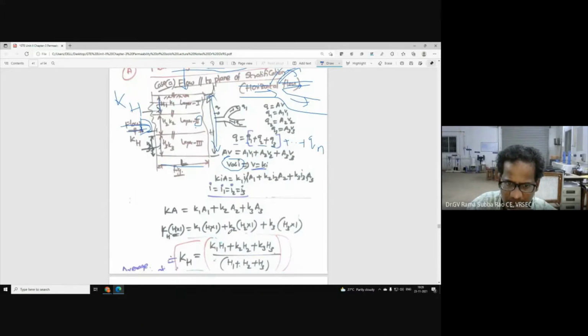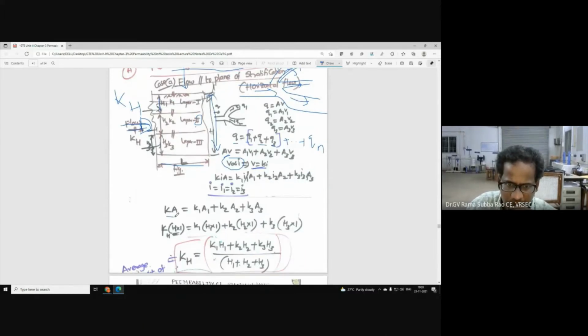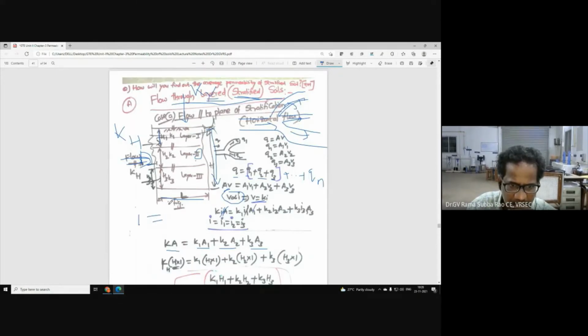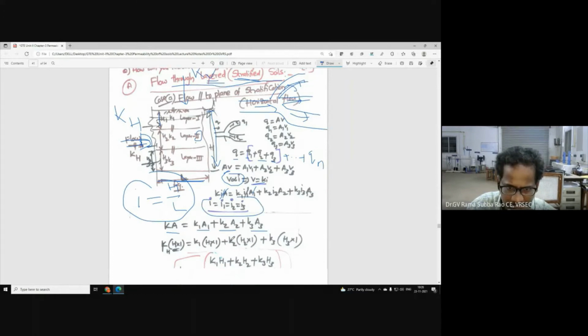Now let us proceed. KiA is equal to K1 i1 A1 plus K2 i2 A2 plus K3 i3 A3. Here i is equal to H by L. For all the layers, one head is there and the length of the flow is L. So i is constant: i1 is equal to i2 is equal to i3 is equal to i. So the equation becomes simplified.